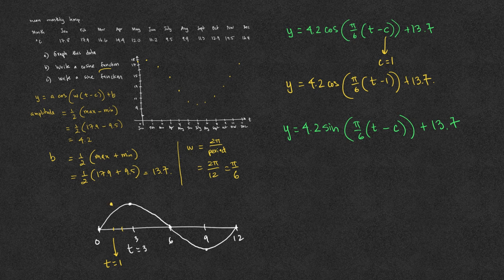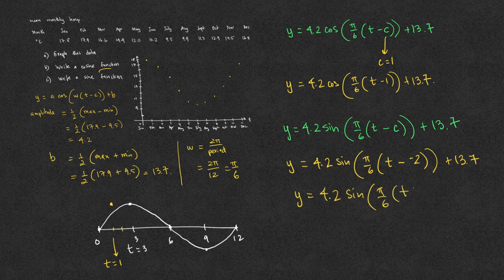And so the sine equation is y equals 4.2 sine of pi over 6 times t minus negative 2 (to the left) plus 13.7, or y equals 4.2 sine of pi over 6 times t plus 2, plus 13.7. If we were to graph this function and the cosine function, we would end up with the same graph.